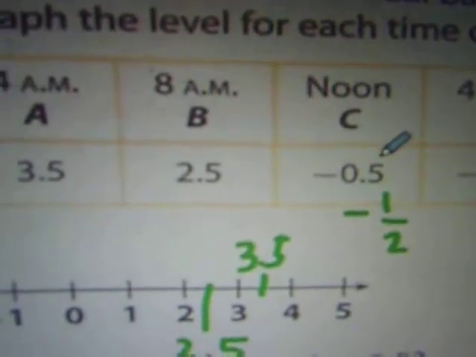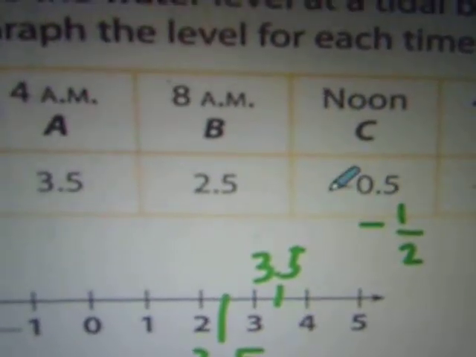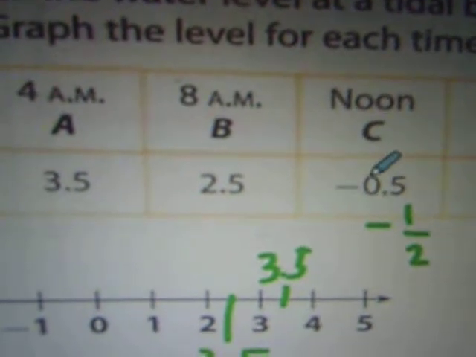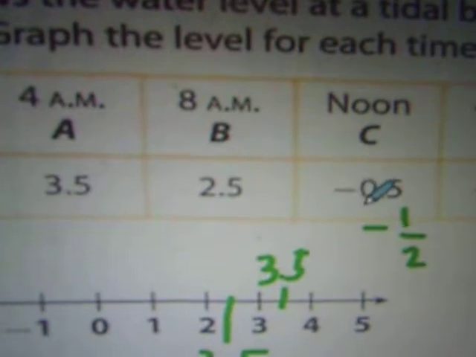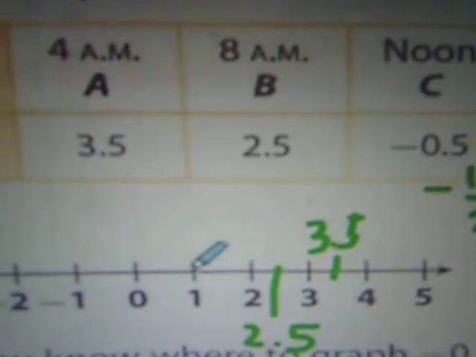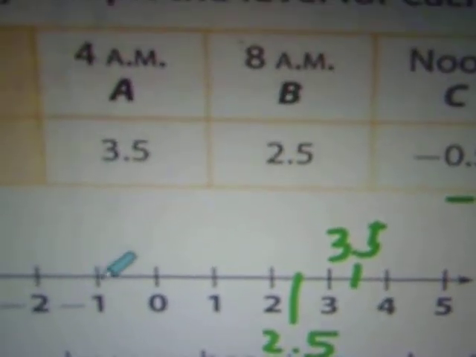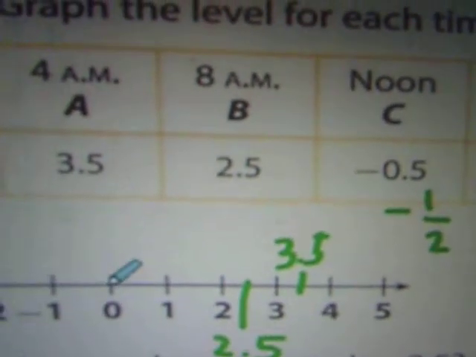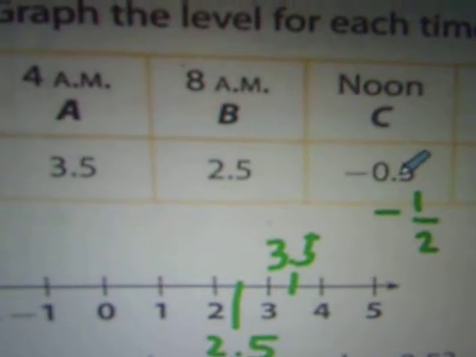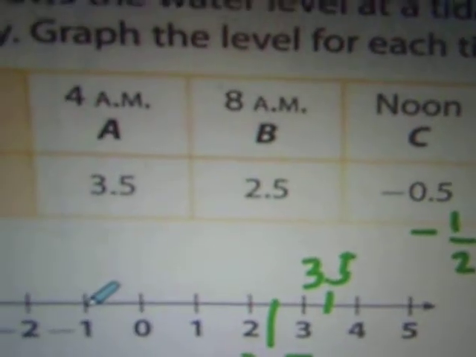So if we're looking at negative 0.5, you still have to understand that there is a 0 in the whole numbers place. There are no 1s. So that means we did not get to this -1 yet. We are still in the zeros. So negative 0.5 actually comes before this -1.